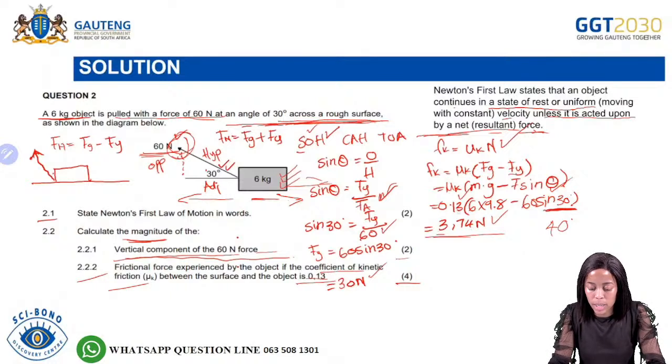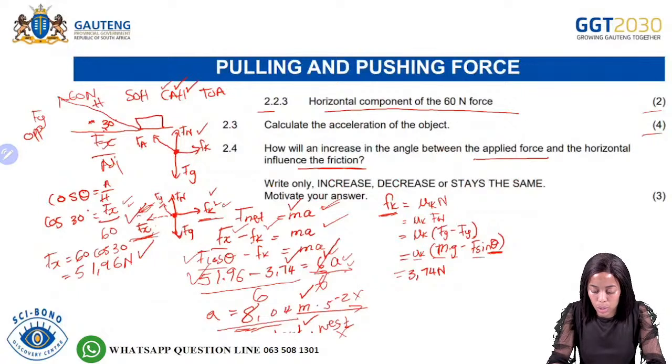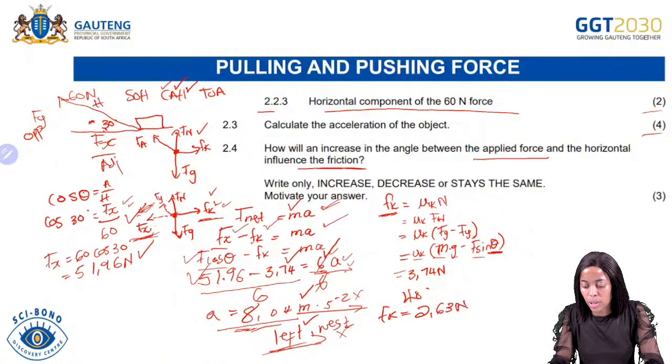So I'm now saying, if you use the very same coefficient of friction, the very same mass, gravitational acceleration, the very same force, but you just increase the angle, then you are getting 2.63 Newton. So if I now have an angle of 40 degrees, for my friction, I'm going to get 2.63 Newton.